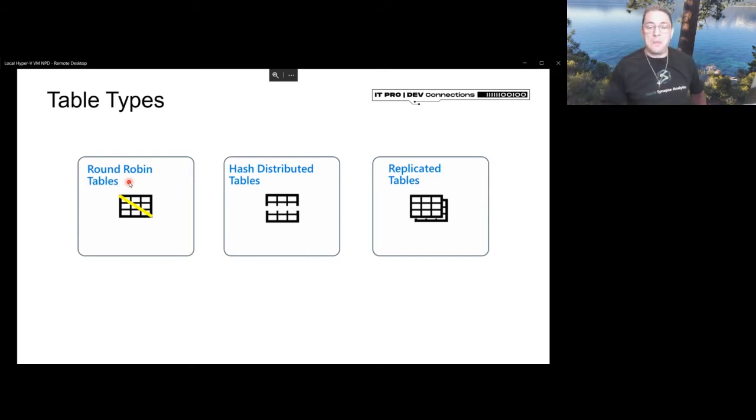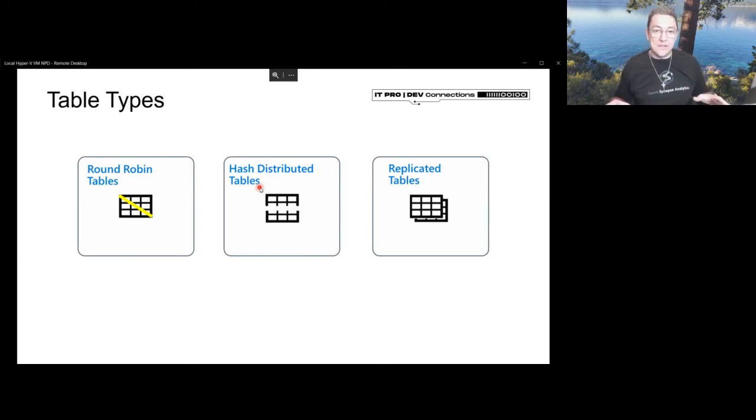On the other hand, on the hash distributed one, we're going to define a particular column in the table that will work as the hash distribution column. And SQL Server will apply a hash algorithm on top of the values coming into that column, to decide in which of the 60 distributions the data coming to that table will be placed, based on the value of that column.